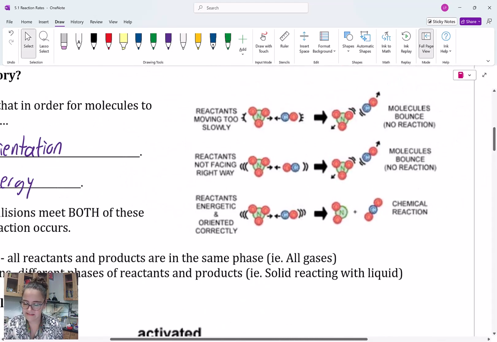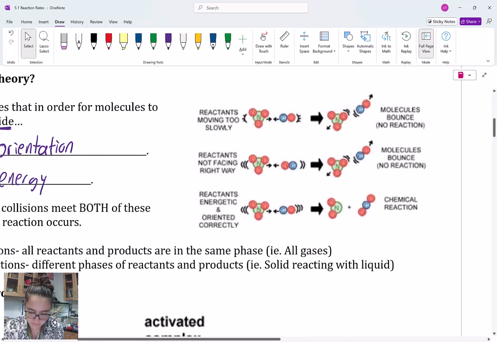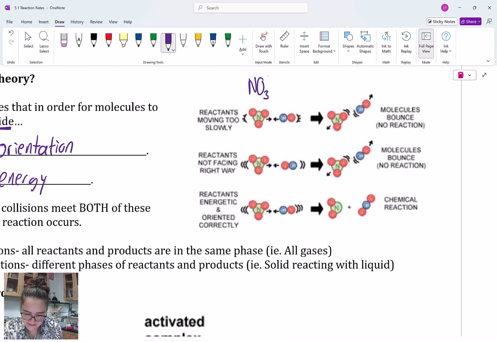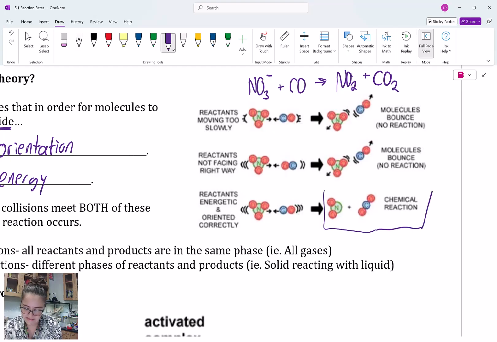If we look at this example over here, okay, where we have, this looks like an NO3, probably one of those nitrate ions, reacting with carbon monoxide to create NO2 gas and carbon dioxide, as we see in the actual chemical reaction. Now, in order for that to happen, one of the oxygens from that nitrate has to collide with the carbon atom because that's who it bonds with.